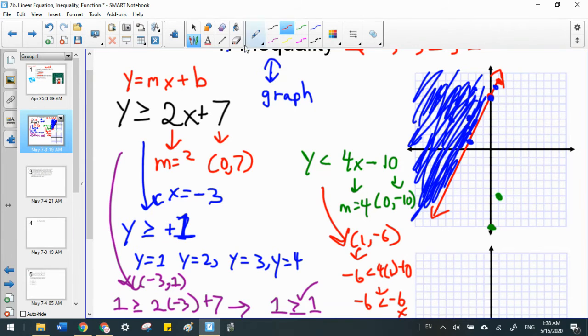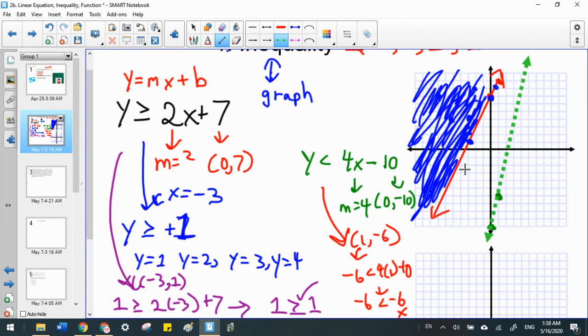So even though I'm going to graph this line, individual points on the line are not actually a solution. So when we graph it, we use a dotted line to represent the individual points of the line.